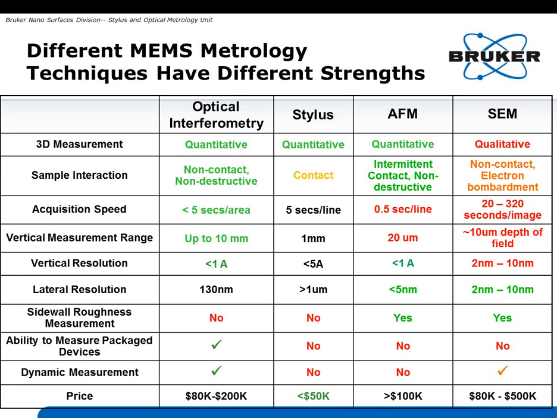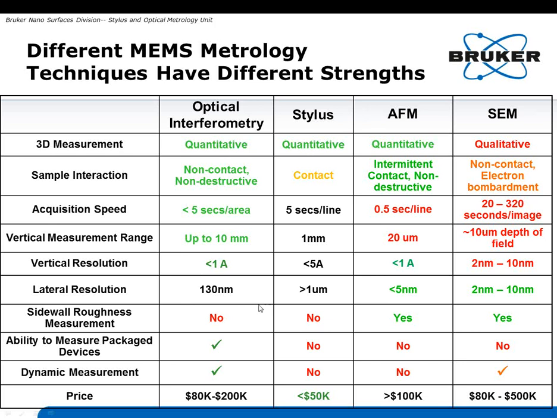Vertical measurement range, there's a wide variety here, anything from up to 10 millimeters on the optical side down to 20 microns on the atomic force microscope side. Vertical resolution, almost all of these will have acceptable vertical resolution on the order of an angstrom or a few nanometers. So that's generally not a concern. Lateral resolution, most MEMS devices are in the micron to few micron size range all the way up to millimeters.